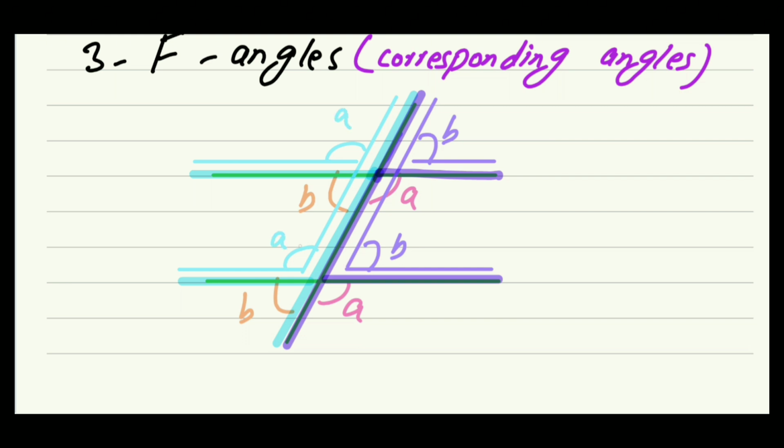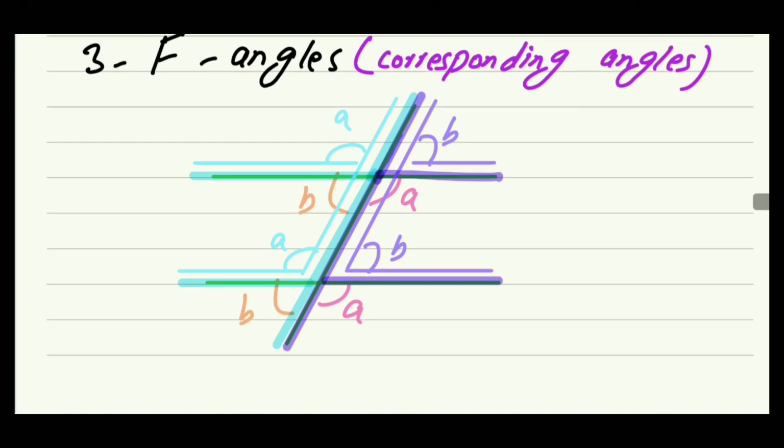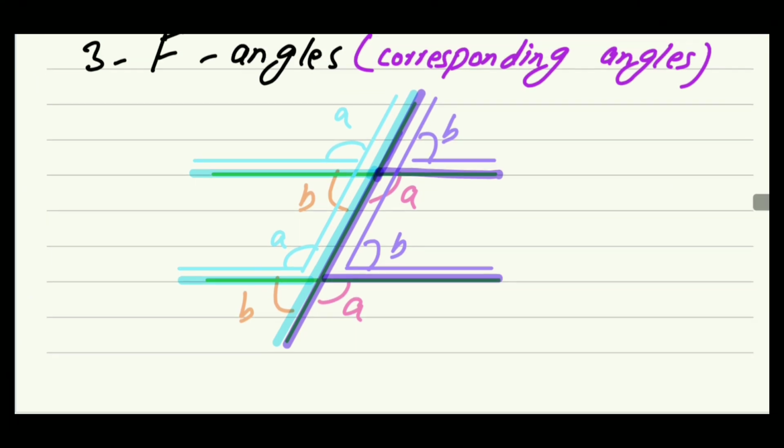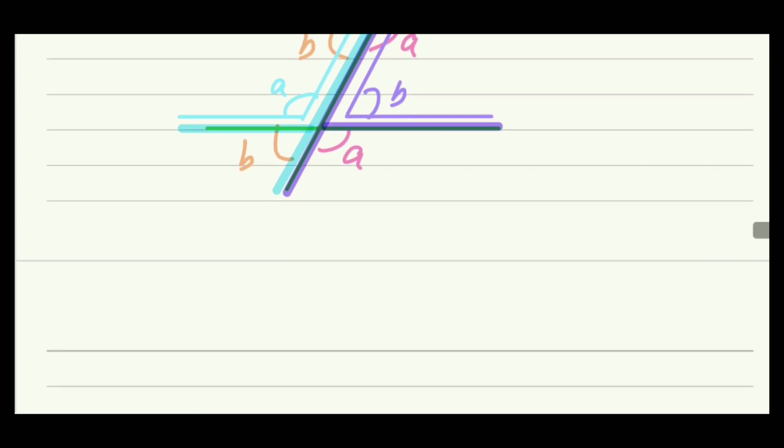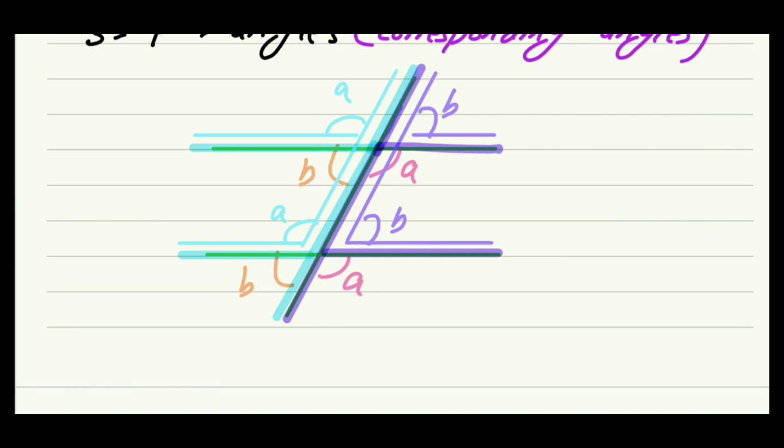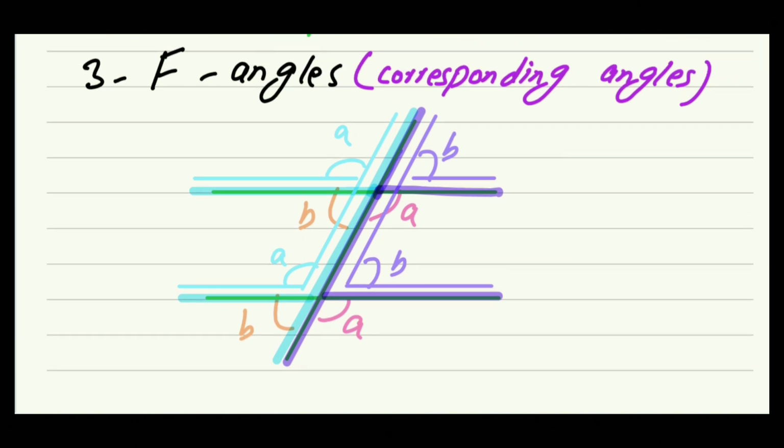If this is A, this will also be A. So you can say that there are four Fs that you can check from here. Angle A is equal to angle A, angle B is equal to angle B. The property is that corresponding angles are always equal and they make an F shape.